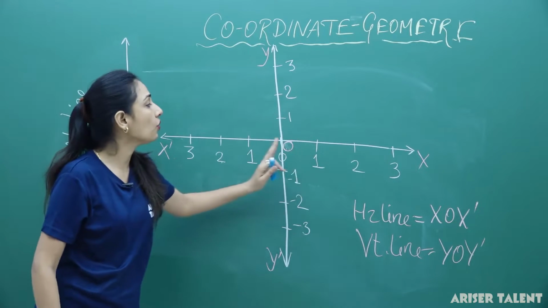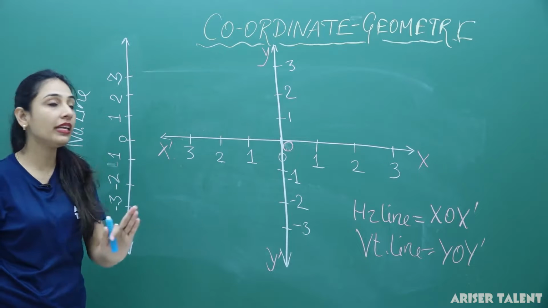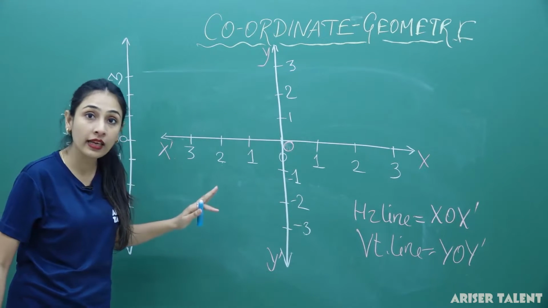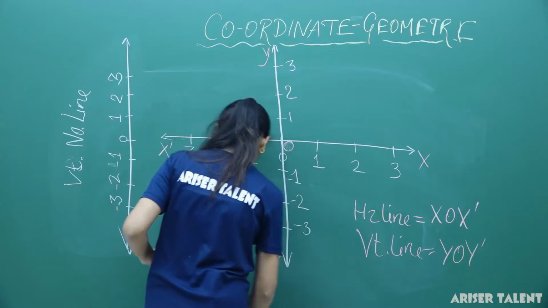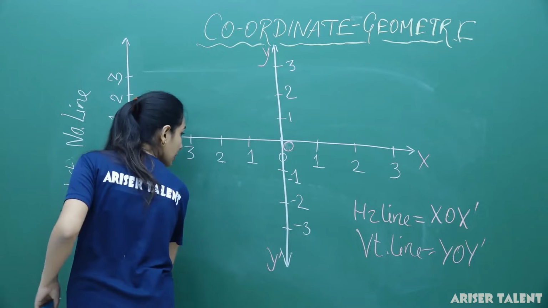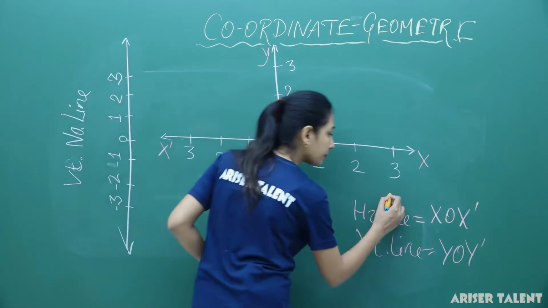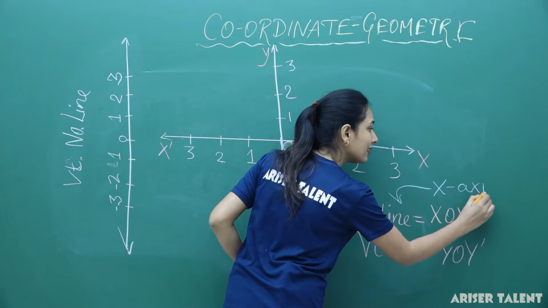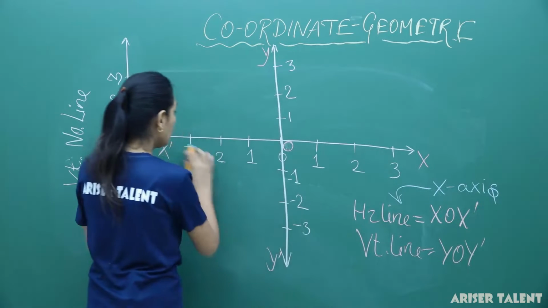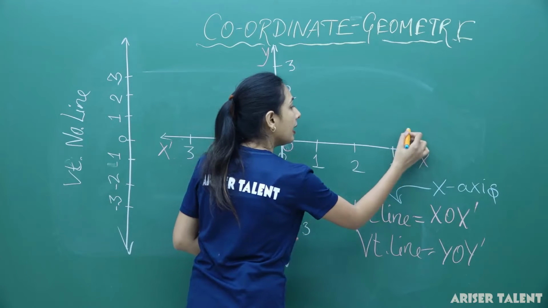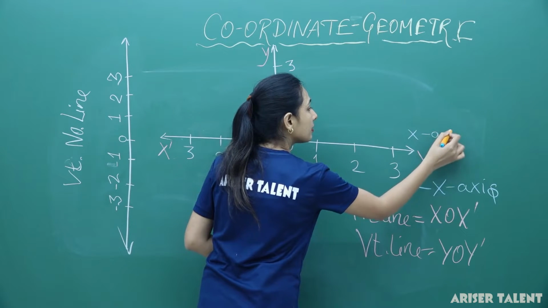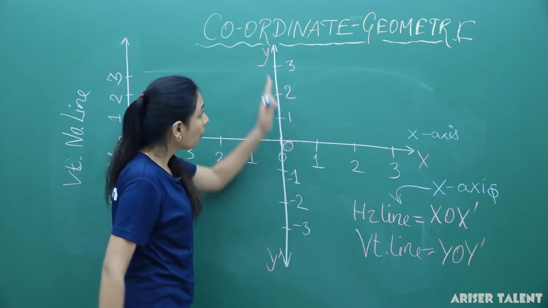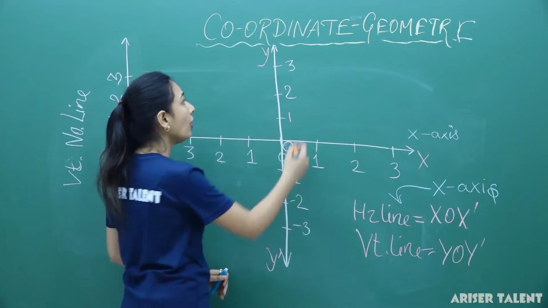Now this X dash, student, be very careful about it. This X dash was known as the X axis. Which axis? X axis. And this Y dash is what?